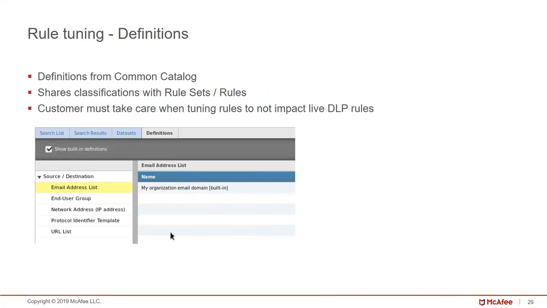But we have the ability to create definitions for an email address list, end user group, network address, which is an IP address, of course, and a URL list. So all of these would get tied into those three different rule tuning rule configurations that we just covered. So that's where these would get pulled from.